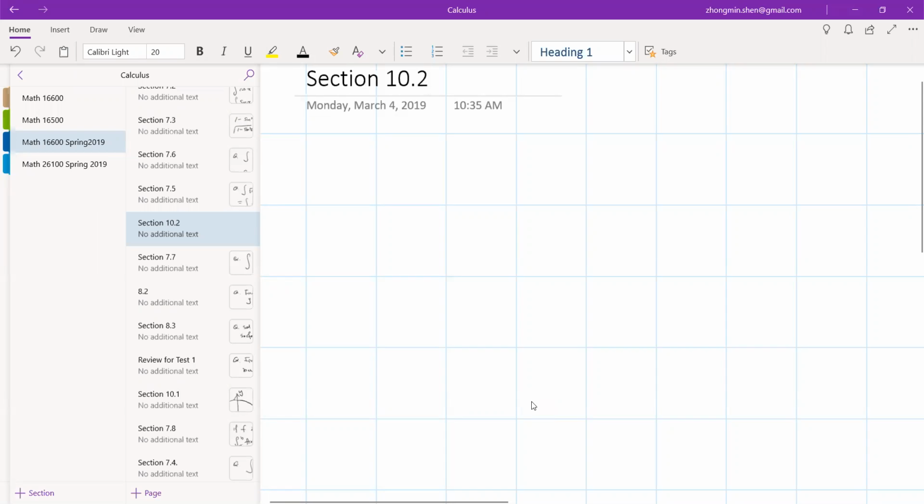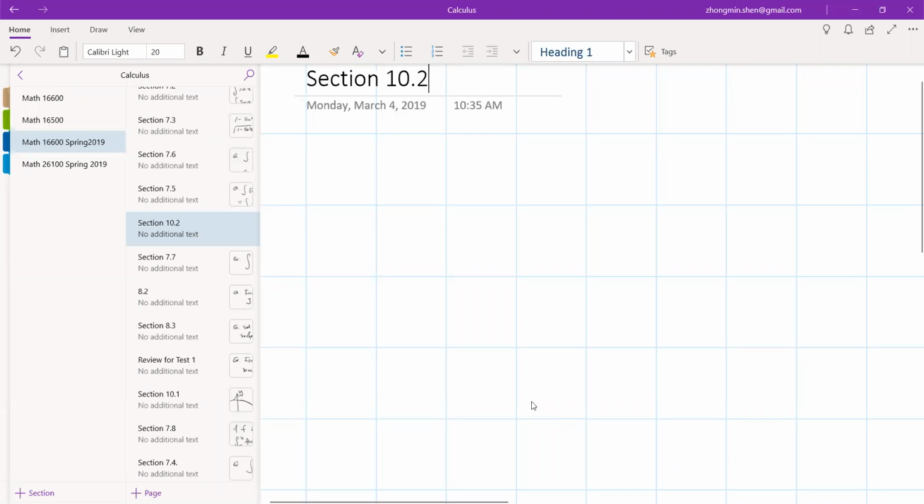Okay, so today's topic is about calculus with parametric equations, section 10.2. In the previous section, we talked about how to describe a curve using parametric equations, and now we're going to use them to do calculus.